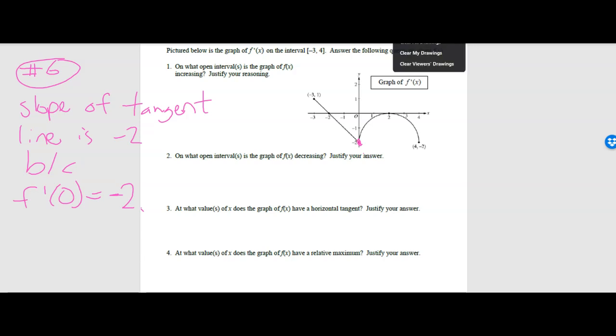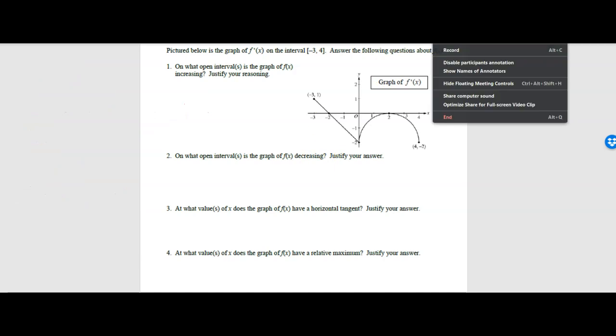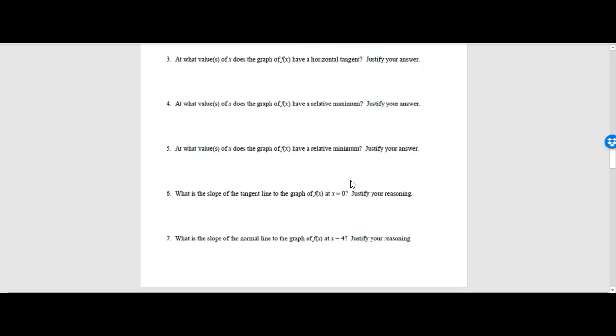All right, let's finish off by looking at number 7. It says, what is the slope of the normal line to the graph at x equals 4? So normal line is another name for perpendicular. So the normal line to the graph at x equals 4.